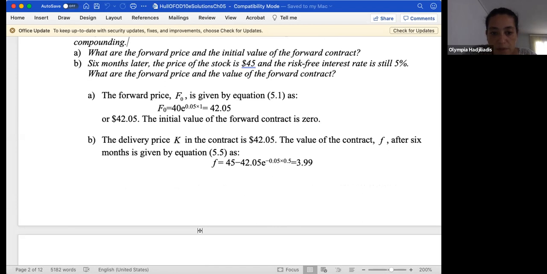So the delivery price K in the contract is now 42.05, which we calculated over here.